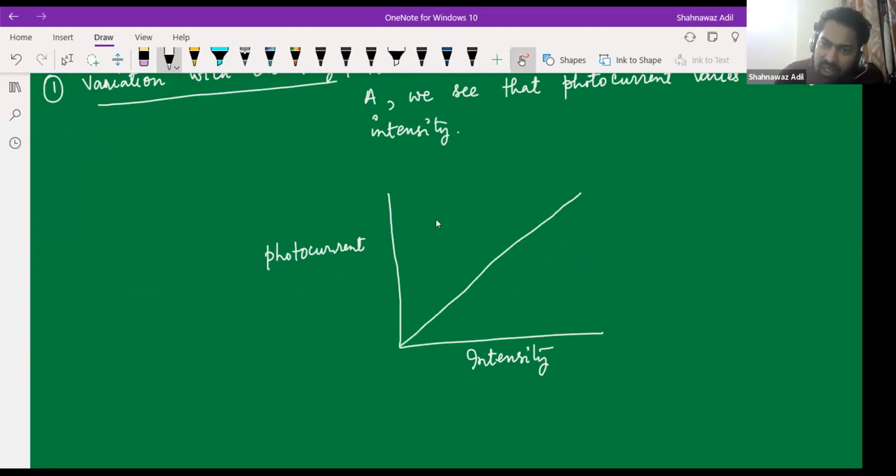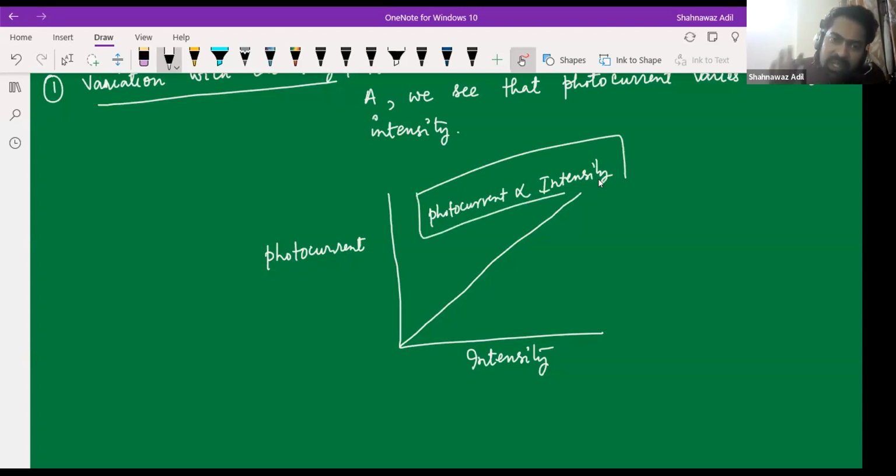So we can see that this photocurrent is directly proportional to intensity. This is the first thing that we observe from this setup. So this photocurrent is dependent upon the intensity, right? This is one thing.